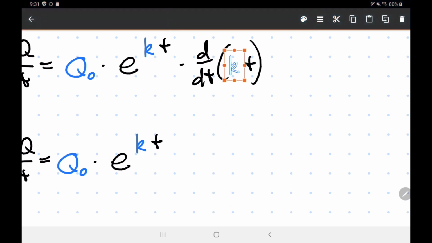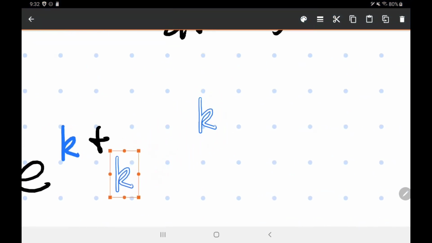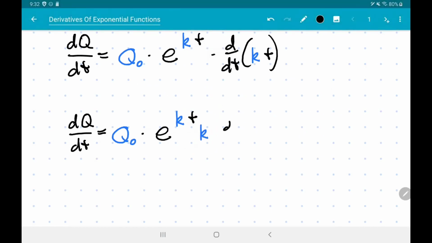We'll keep the k because it's multiplied. And now it's big enough to move. Okay. And then the derivative of t, well, that's easy. That's just 1. And usually we don't even write times 1.